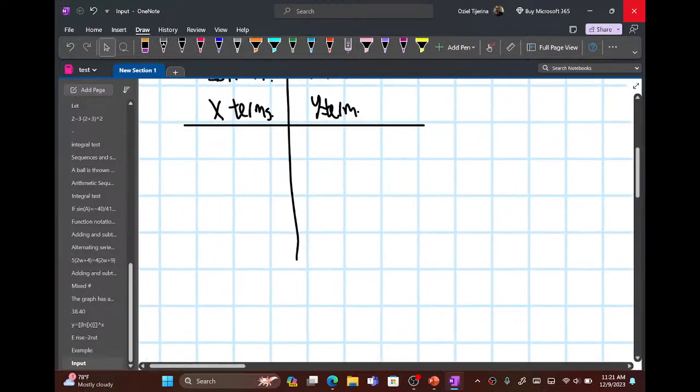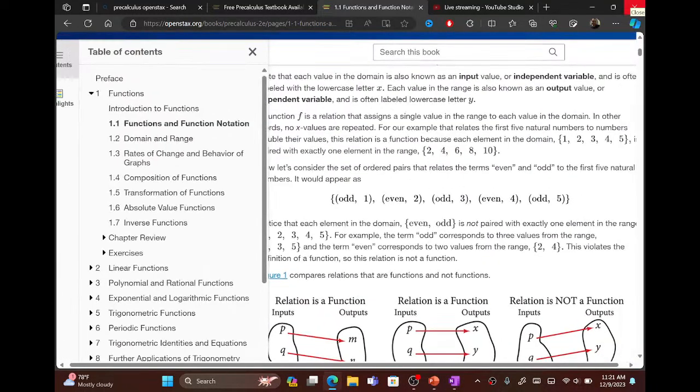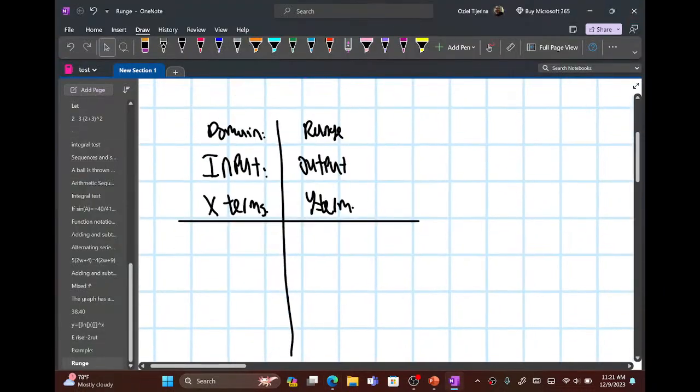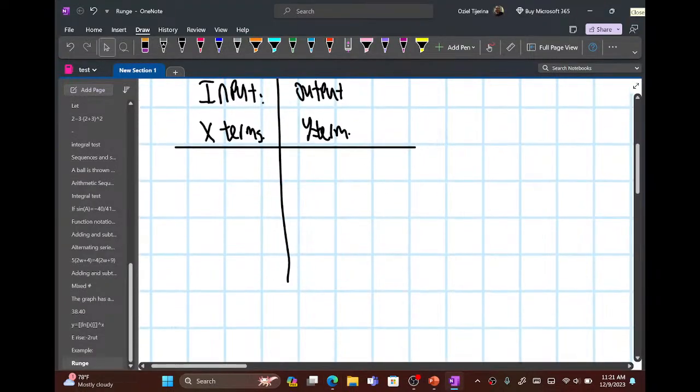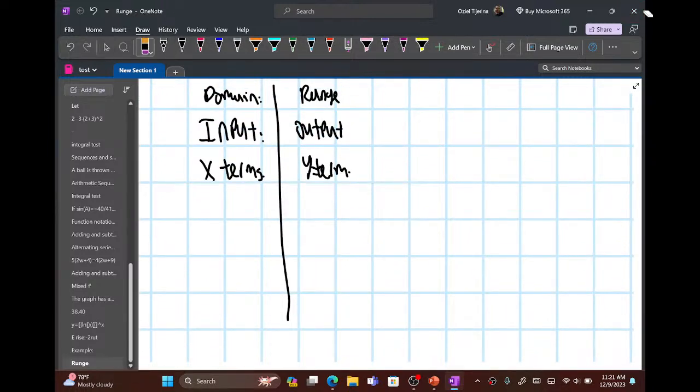So that's what that means. I'm just quickly defining this stuff. And also, we call the x term the independent variable. A lot of this is like review from college algebra, if you think about it, or algebra 1, algebra 2 if you're in high school.